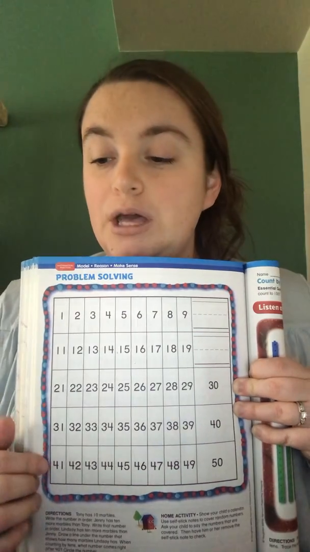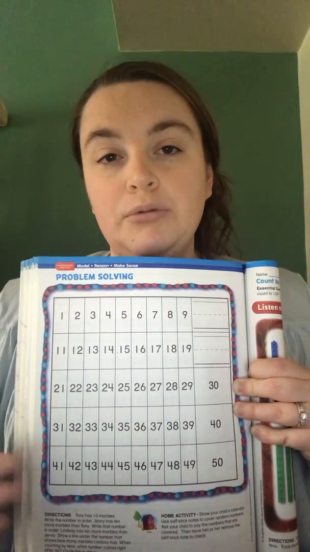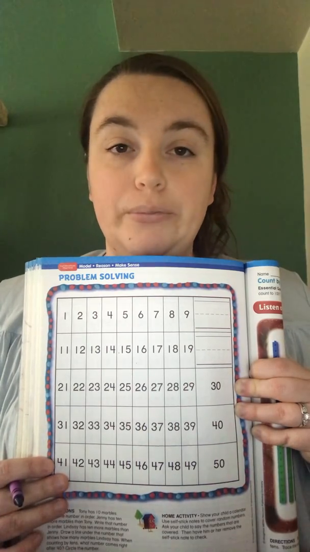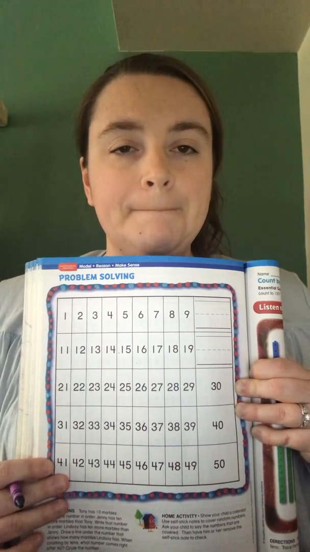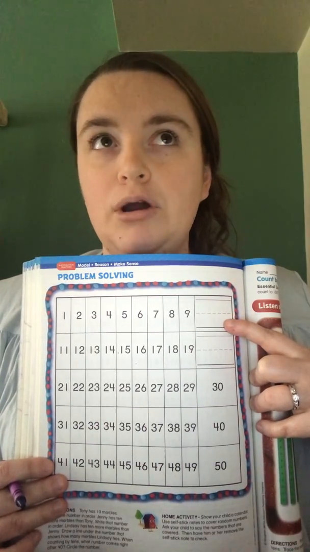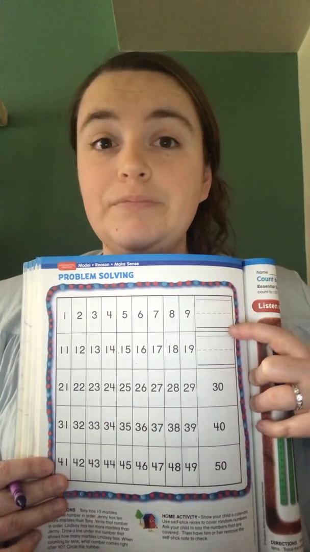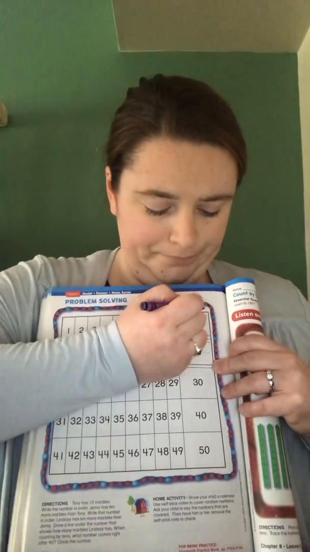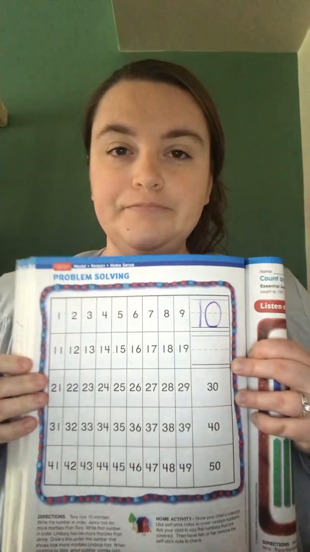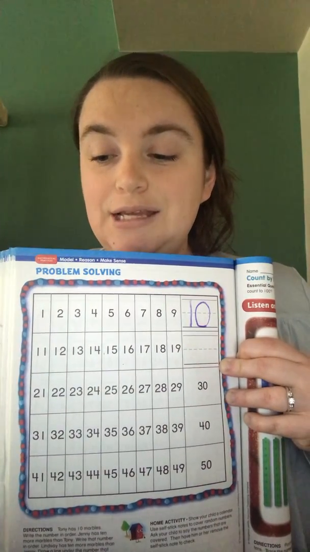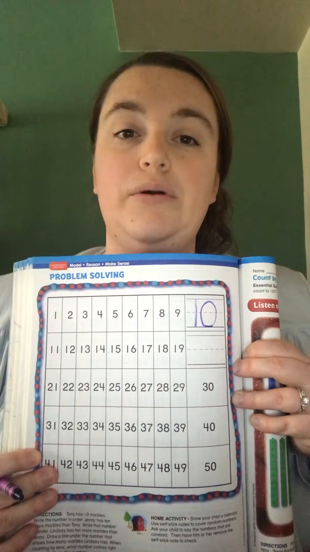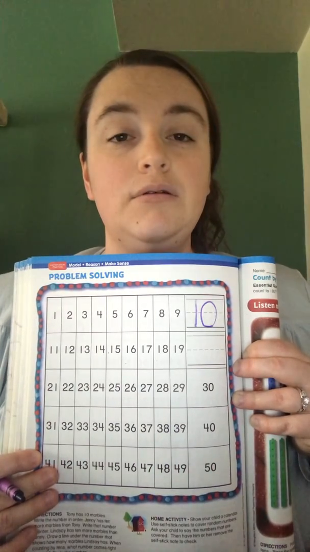So the first part of our problem says, Tony has 10 marbles. So what number should I put here? Tony has 10 marbles. I'm going to put the number 10 right here at the top. And then it says, Jenny has 10 more marbles than Tony.